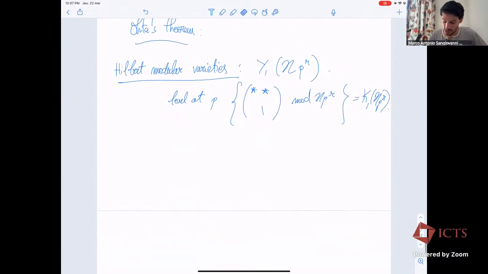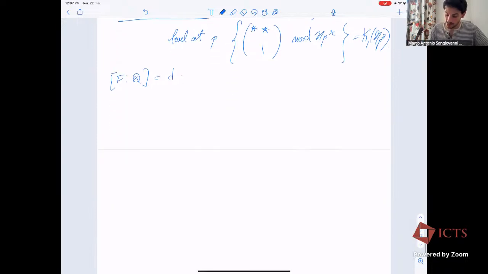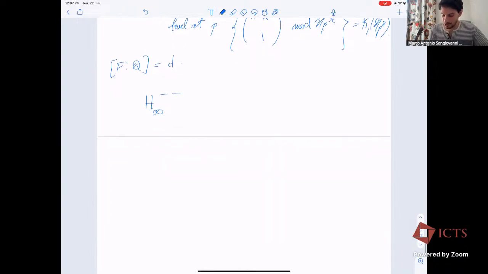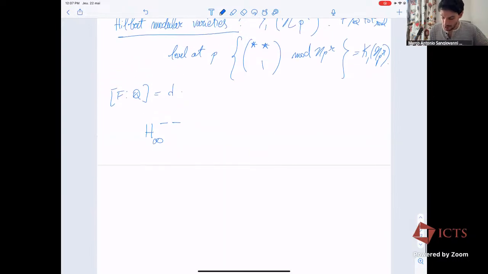Okay, so then the interesting cohomological degree is, let's say, over a totally real field F over Q, and let me say that the degree is, say, d. Then you can consider the module H^∞, which I call H^∞ with decorations, because here now you have to worry about torsion, unfortunately.